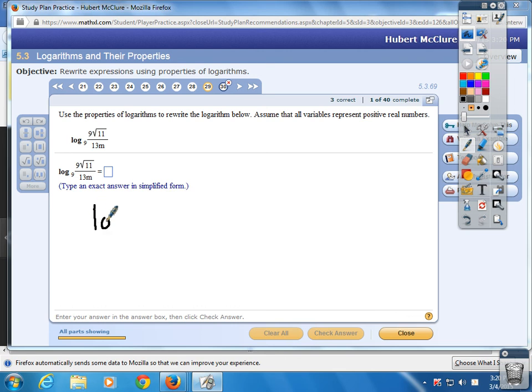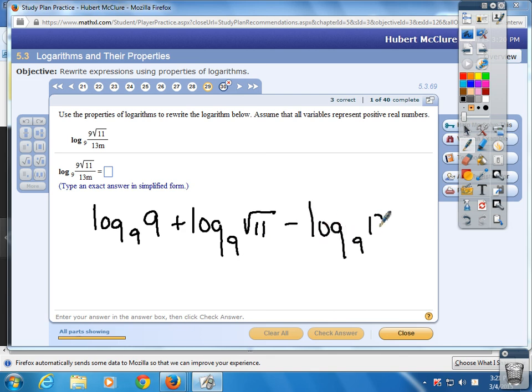Log base 9. Okay, what's happening here? This is division and multiplication. You got all kinds of stuff going on here. So let's go ahead and break this up into log base 9 of 9 plus log base 9 of square root of 11 minus what? Log base 9 of 13 plus log base 9 of m.